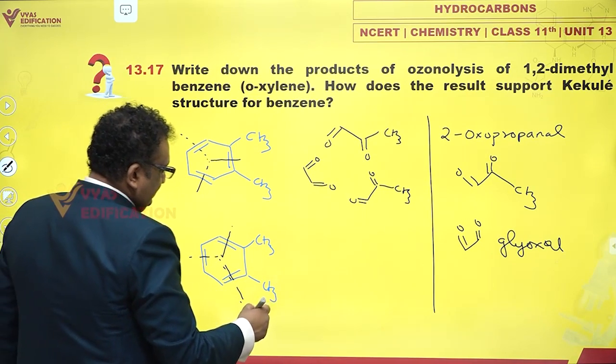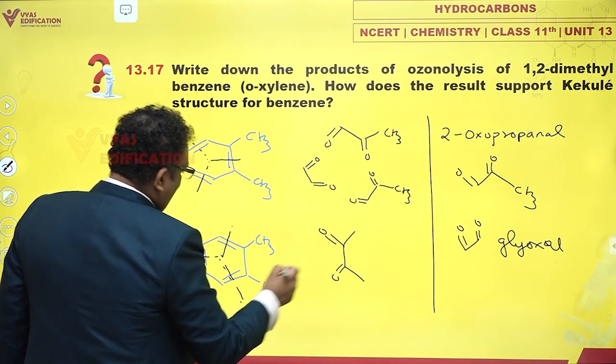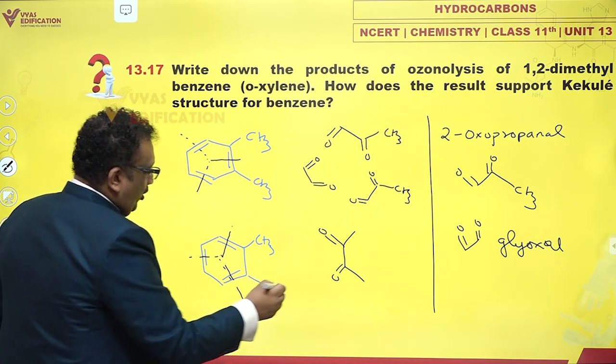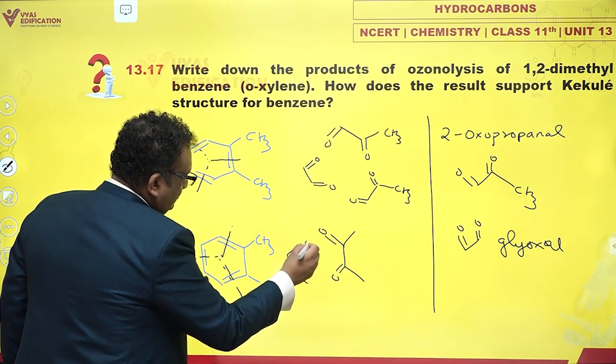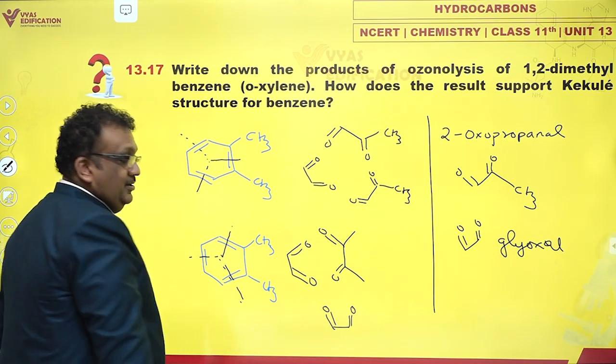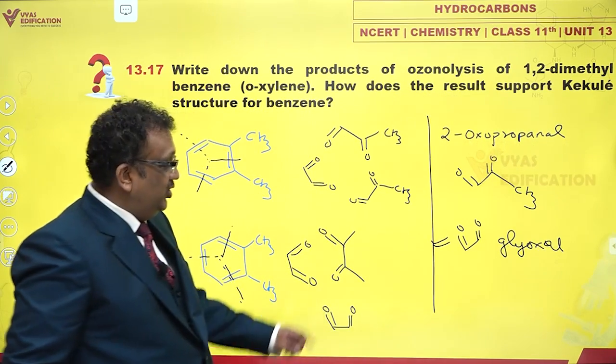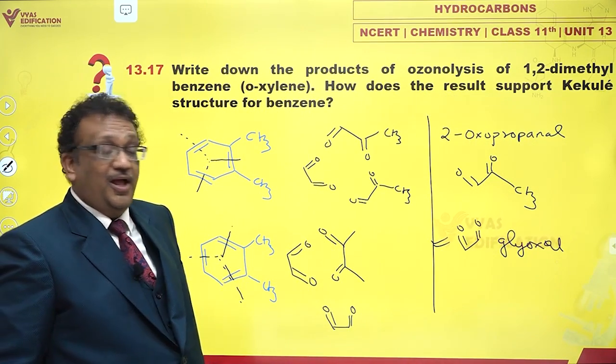What about the other one? In this case, very funny, you would obtain 2 moles of glyoxal like this. You'll obtain glyoxal again. In addition, you would obtain butanedione.